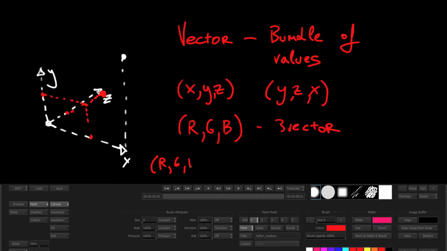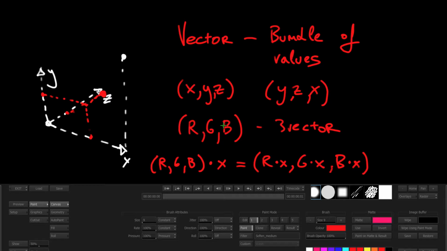So if we have a vector of R, G, and B multiplied by, say, X, which is just a number, not another vector, then it's going to be another vector of R multiplied by X, G multiplied by X, and B multiplied by X. Does that make sense? It's becoming more clear.